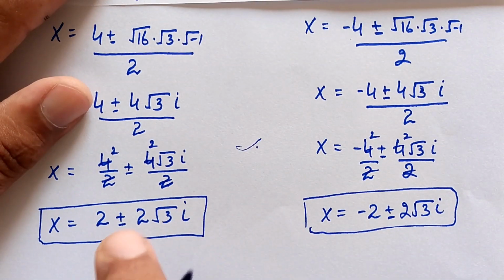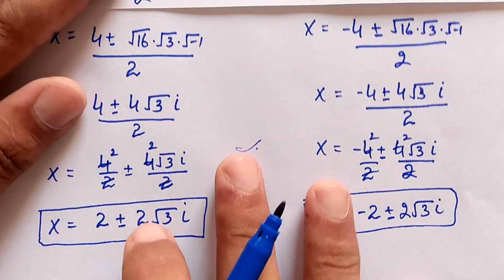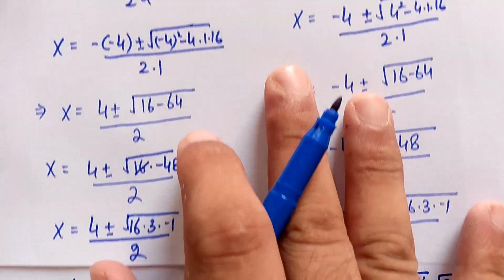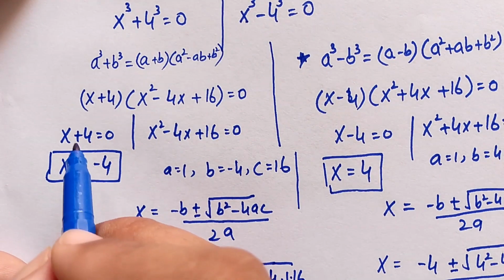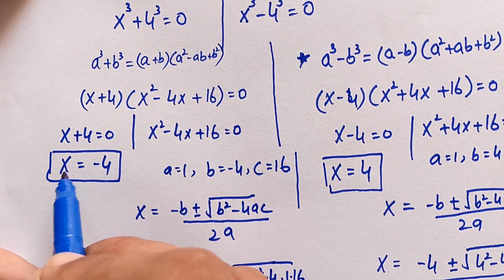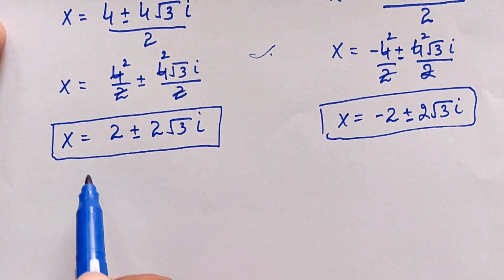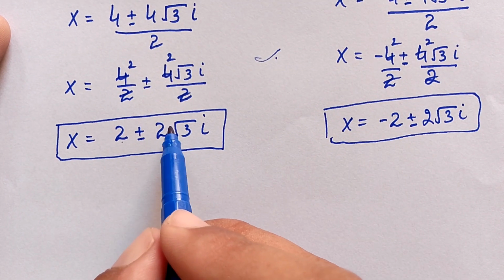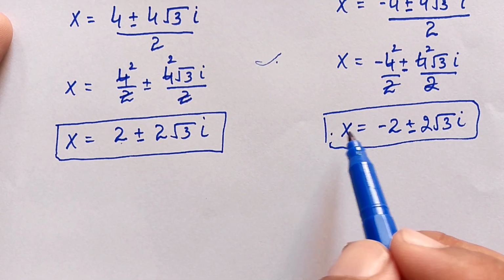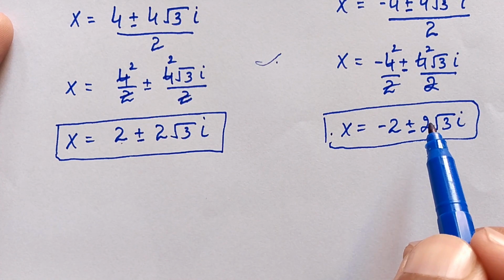So here these are the two complex solutions, and here these are the two real solutions. x is equal to minus 4 and x is equal to 4, and here the complex solutions are x is equal to 2 plus minus 2 square root of 3i and x is equal to minus 2 plus minus 2 square root of 3i.